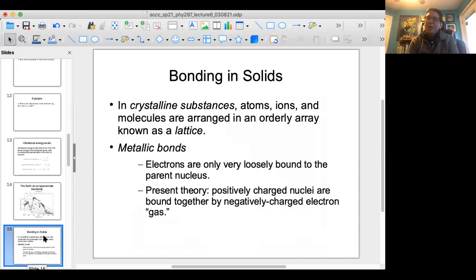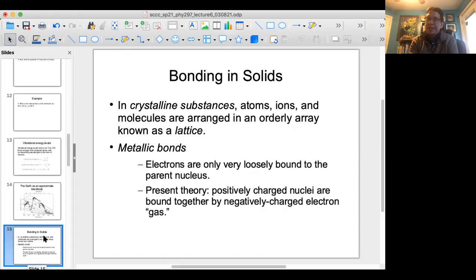And now we're going to talk more about bonding. Some substances form what are called crystals. In a crystal, the atoms, ions, or molecules line up in an orderly fashion, and the crystalline structure is called a lattice. One type of crystal is a metal.